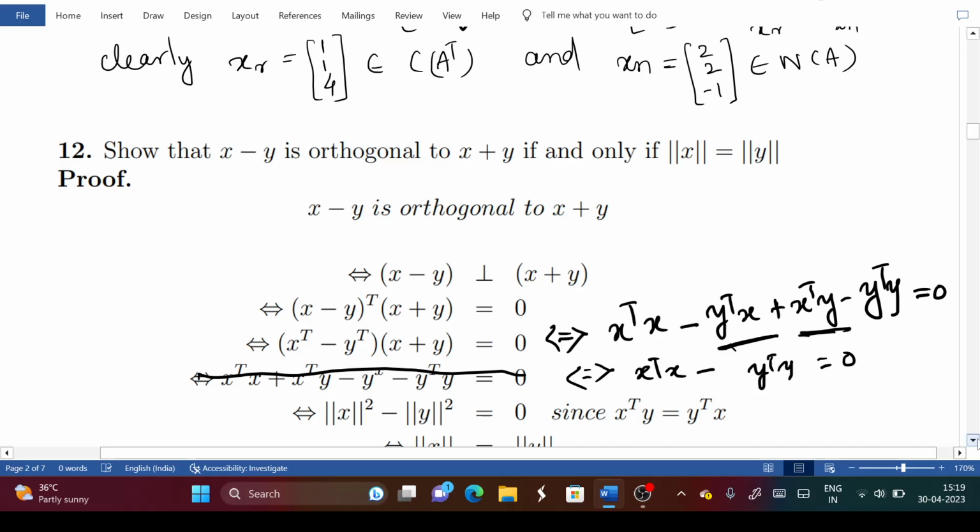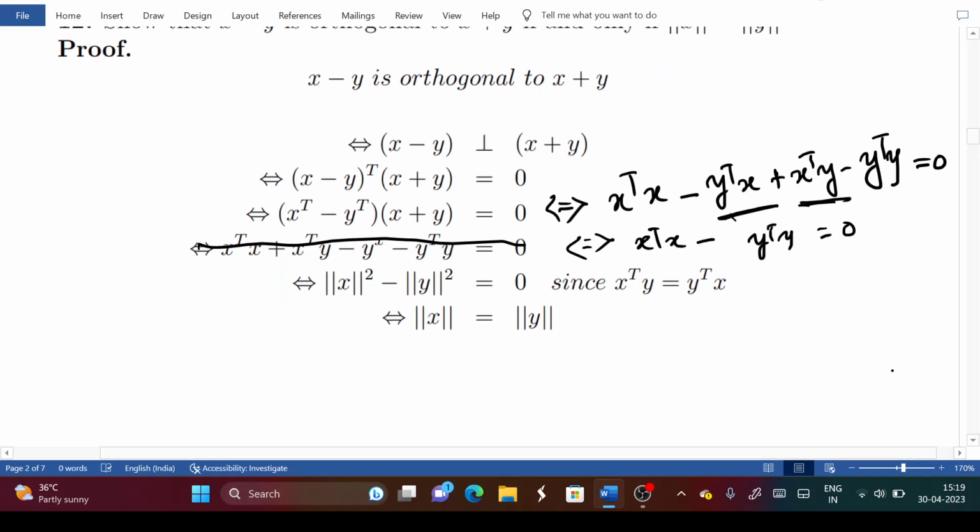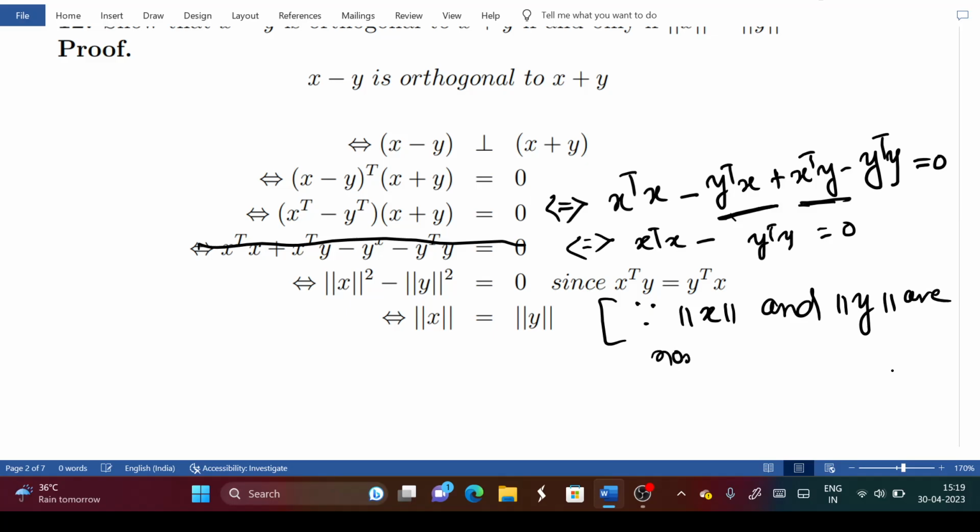Since the norm of x and the norm of y are both non-negative values, this implies that the norms are equal.